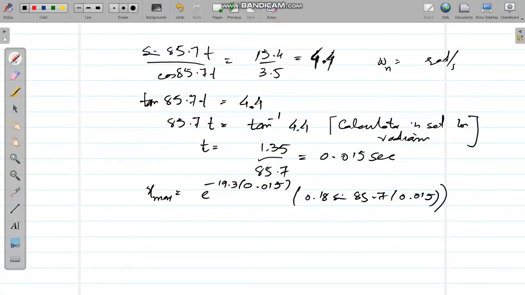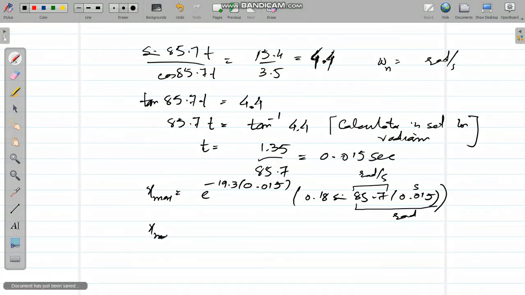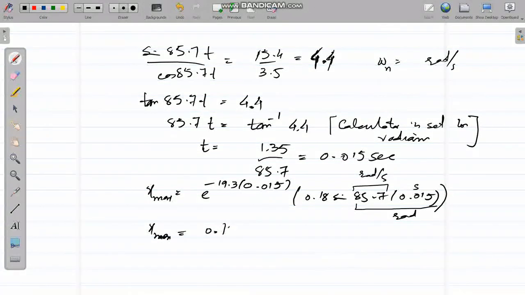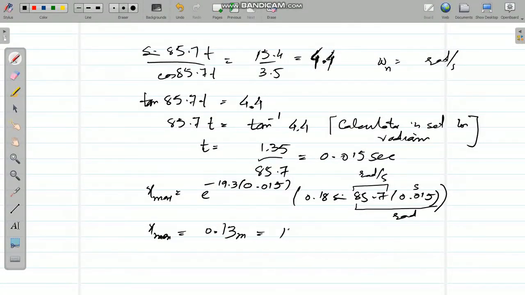Again remember that this is in radians per second and this is seconds, so the angle will come out in radians, so you have to convert your calculator into radians, otherwise your numerical will go wrong. If you solve this, it is very easy, x max is equal to 0.13 meter or 13 centimeter.